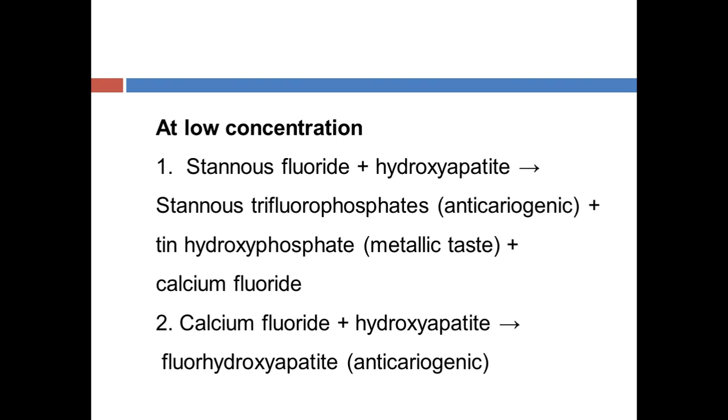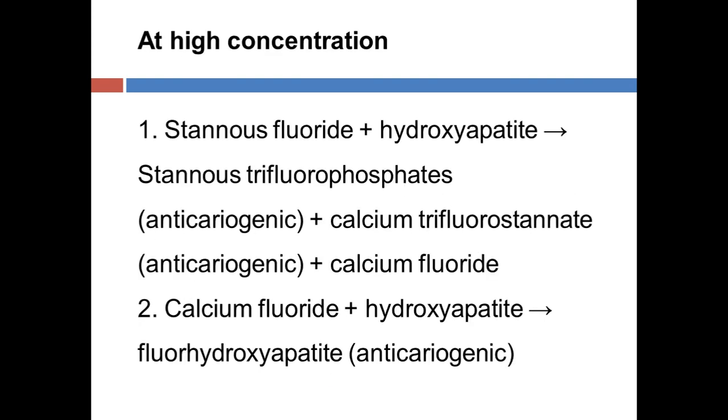So, in low concentrations, there will be formation of tin hydroxyphosphate, which gives two disadvantages. That is, it does not have anti-carcinogenic property, and additionally, it gives a metallic taste. Then calcium fluoride is formed in both actually. In the second diagrammatic representation, this calcium fluoride reacts with hydroxyapatite, leading to formation of fluorhydroxyapatite.